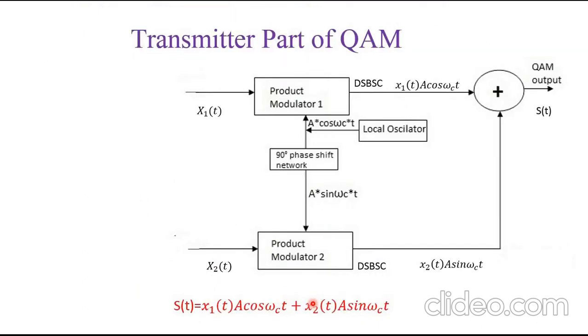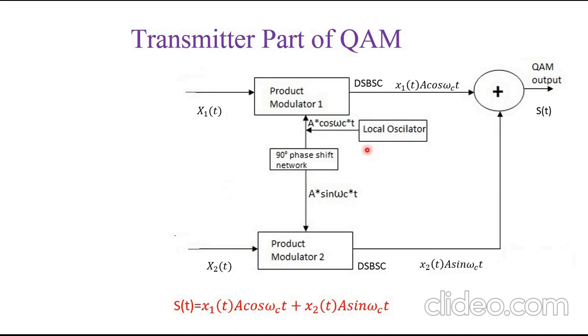Now let's see the diagram of the transmitter part. This is the block diagram of quadrature amplitude modulation, transmitter part. When we talk about QAM, it has two carrier signals which are in quadrature phase.